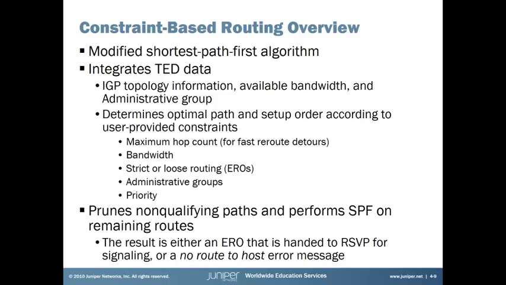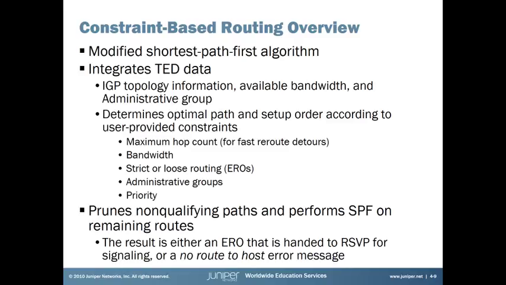It then gives the explicit route object to RSVP, and RSVP then will signal the path with that ERO. Okay, so the outcome of CSPF is an ERO. That's the outcome. That ERO was then given to RSVP to build the pathway.